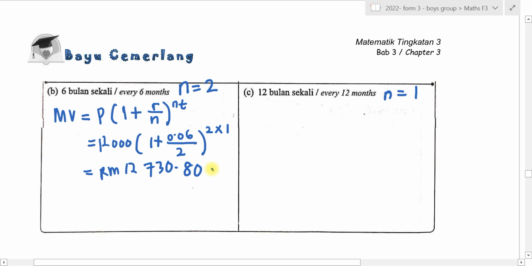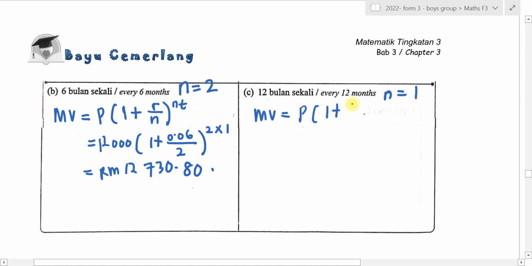Okay, next, Sharvin. Formula, Sharvin, without referring. MV equal to P, bracket 1 plus R over N, close bracket, N times T. Good. Very good.